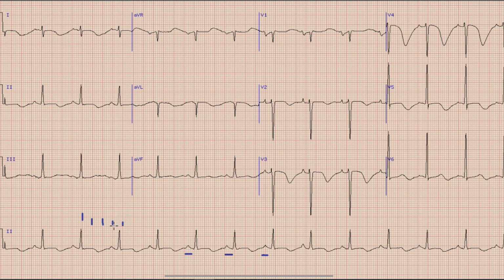As you can see, the second QRS here lies between 100 and 75. So we can say that the heart rate is around 80 to 85 beats per minute.